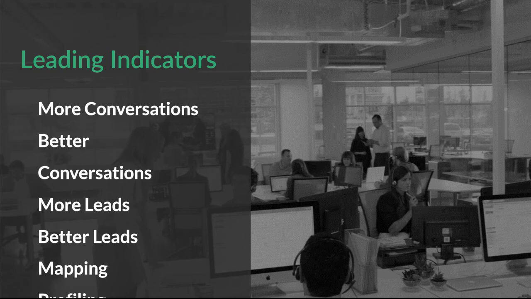The last two are interesting ones. They fall more into the category of relational outbound, so for some of you who mentioned that, these are things to consider. We're seeing these come on very fast. We call it mapping and profiling. Mapping and profiling is how well you are able to identify your target accounts and then figure out who your target contacts are within that account. You have to map the organization, and then profile the actual contact.